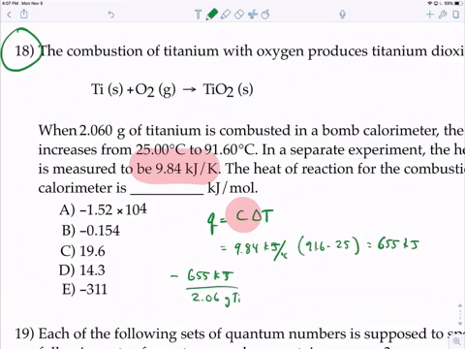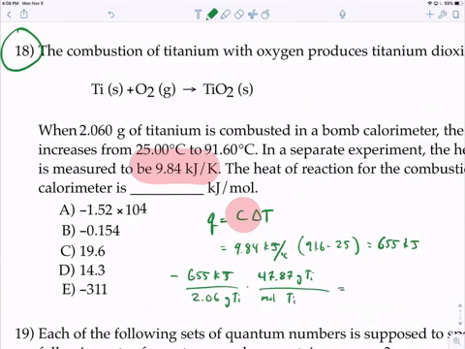The calorimeter is heating up, which means the reaction is exothermic, so it's in the negative direction. Then the atomic mass of titanium is 47.87, so 47.87 grams of titanium per mole of titanium.